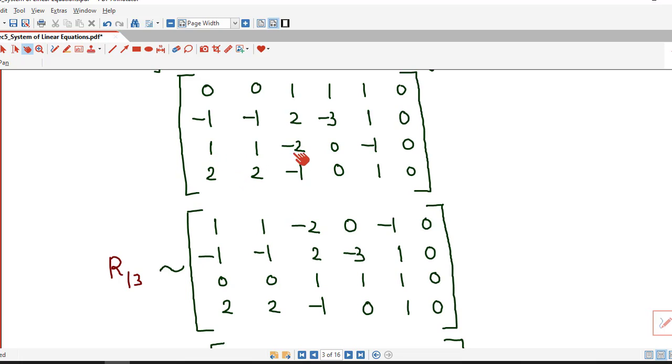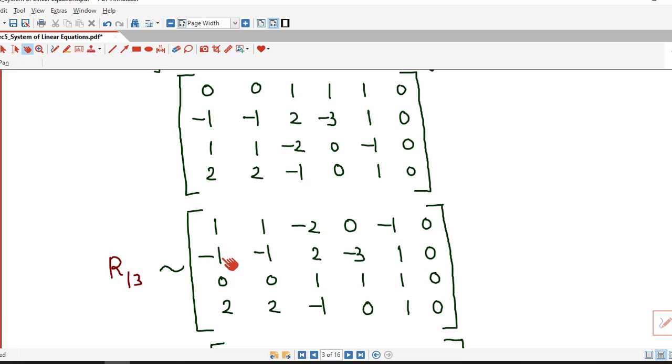So the third row is written in place of the first row and the first row is written in place of the third row. The second and fourth rows remain as they are. So now the first non-zero entry of the first row is 1. Using this entry we will make these two entries 0.